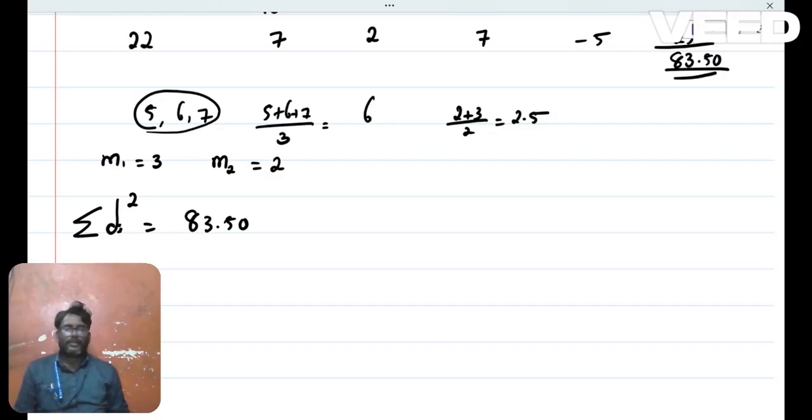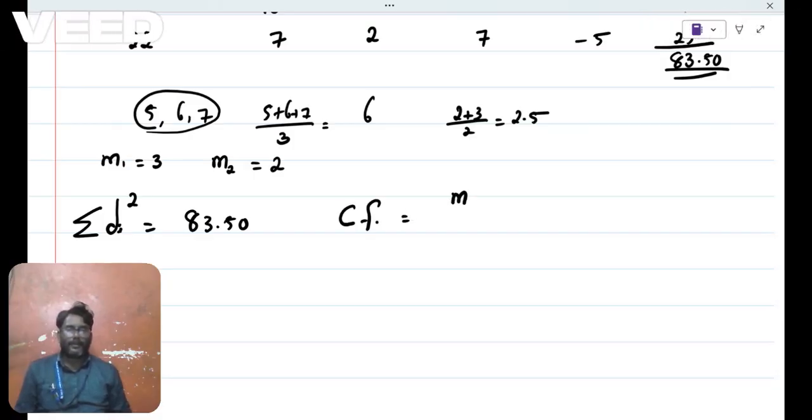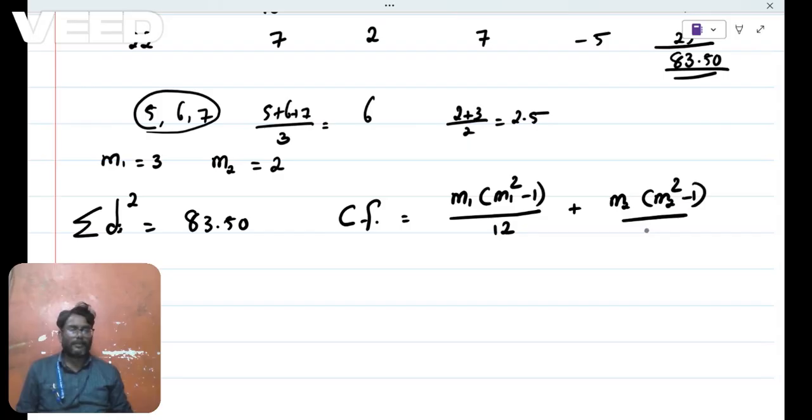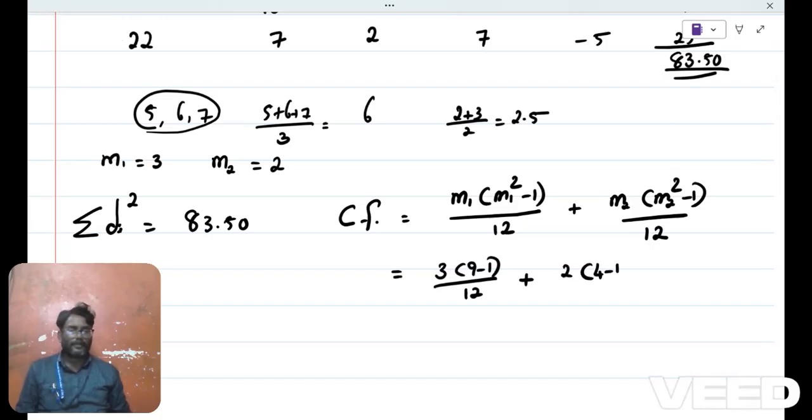Next, we need to compute the correction factor CF, which is equal to m1 into m1 square minus 1 by 12, plus m2 into m2 square minus 1 by 12. Here m1 is 3. So 3 into 9 minus 1 by 12 plus 2 into 4 minus 1 by 12.